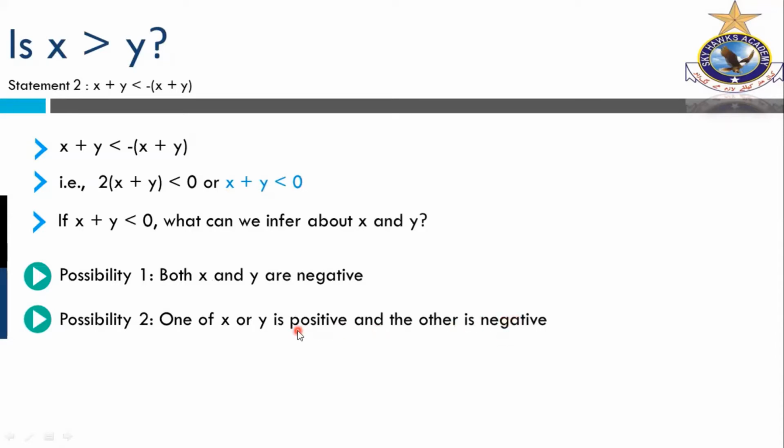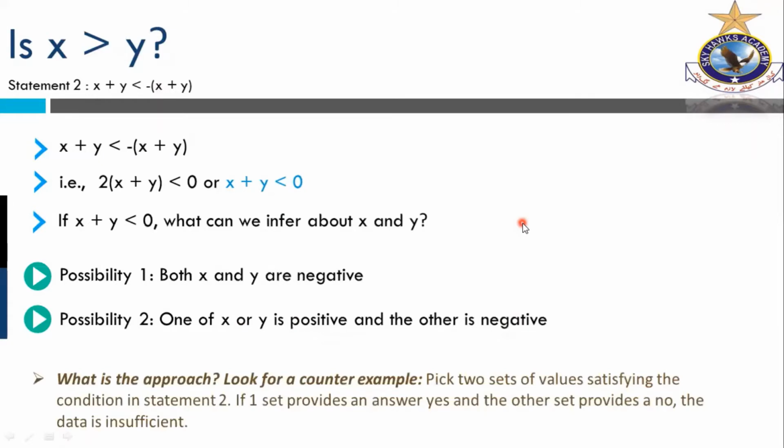So my possibility was that x must be negative because x is greater than y. Anyhow, what is the approach? We have the two possibilities. If the sum is less than 0, then either both numbers are negative, or one of these two numbers is negative and the other is positive.